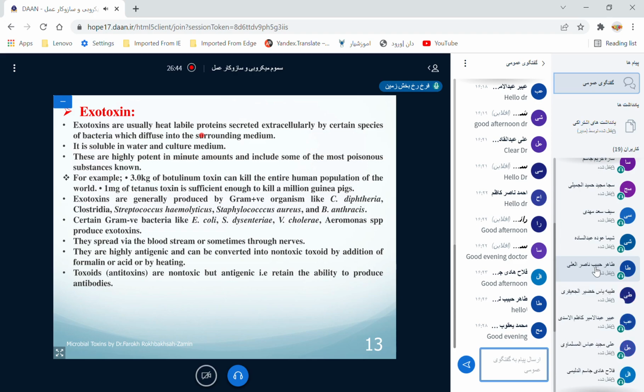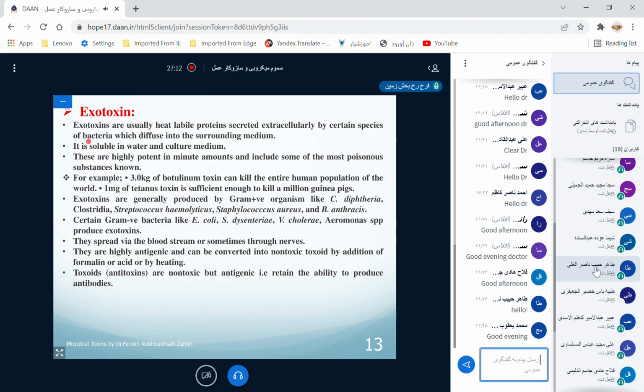Unlike endotoxin, which was resistant to heat, it is a heat-sensitive protein. Heat labile proteins secreted extracellularly by certain species of bacteria, which diffuse into the surrounding medium.